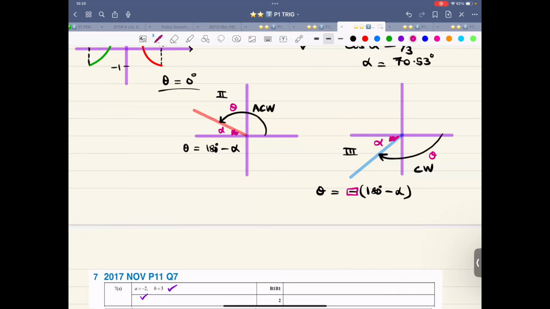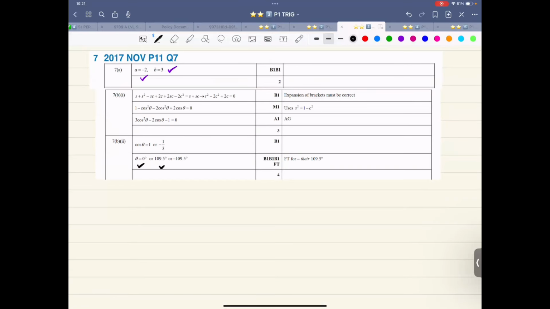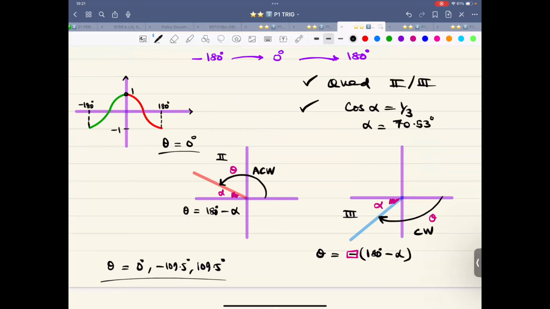This comes out to be 109.47, so theta is 109.5 degrees. This is one answer, the other answer is negative 109.5 degrees, and then there was this answer, 0 degrees. These are the values of theta: 0, 109.5, negative 109.5. That's how this thing is done.